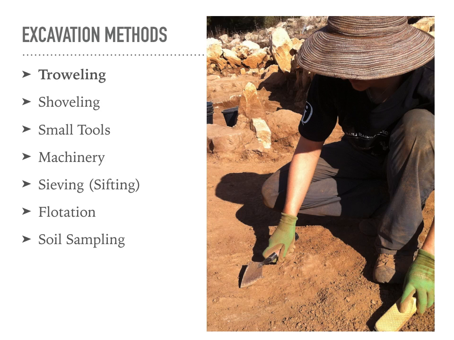That way the project investigator only has to record the location of the test unit. So you get one measurement that shows you where the corner of the test unit is, and then all the rest of the measurements showing you where all the objects are in relationship to the unit datum.